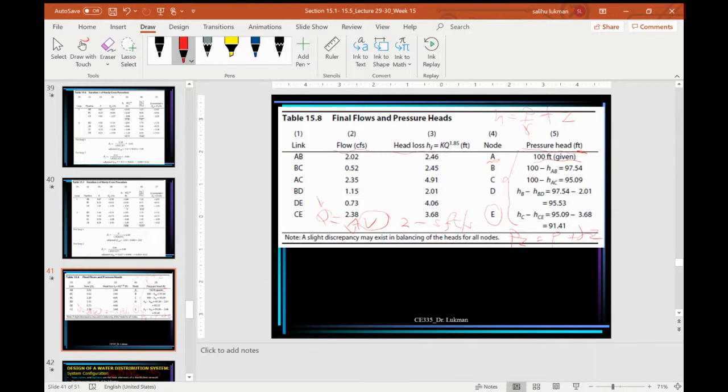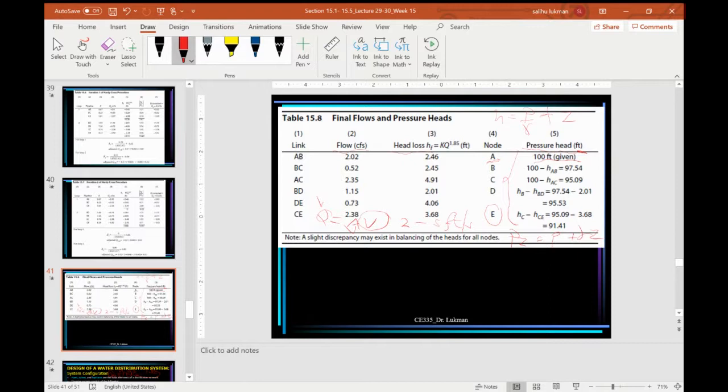Where velocities are more than 5 feet per second, or pressures are low, increase the pipe size and repeat the procedure until a satisfactory solution is obtained. In this example, adjustment of the pipe size is not required. So when the velocity is higher or the pressure is low, you need to increase the pipe size and repeat the procedure until the pressure and the velocity are satisfied.